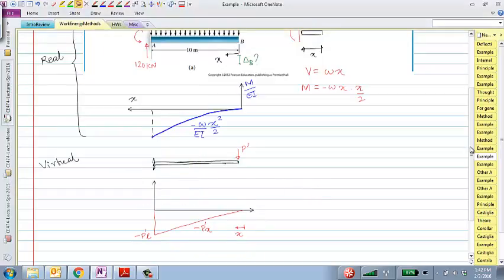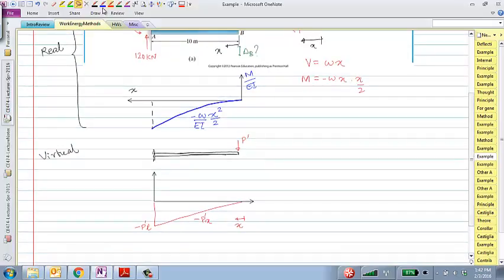So we know now that the external virtual work done, WE prime, is equal to the virtual load P prime times the real displacement delta B that we are looking for.